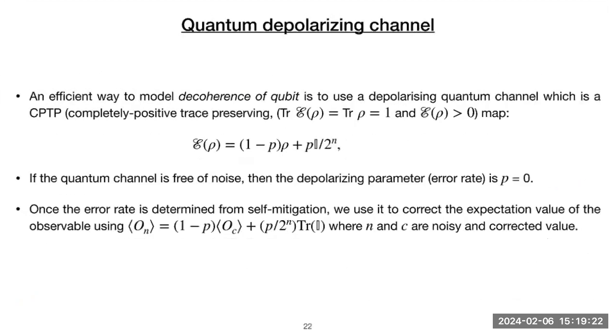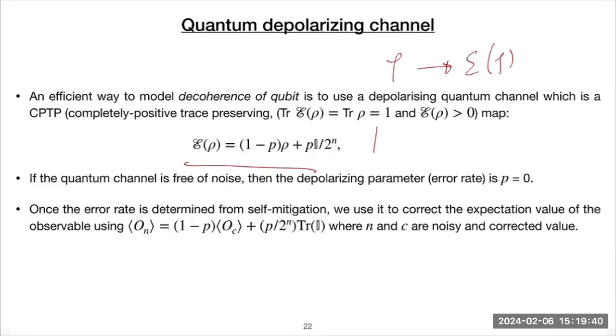And then we can use the idea of quantum depolarizing channel, which is very well known in quantum information literature. So for example, if you have some density matrix rho, which is passing through a channel which becomes E rho, then the E rho is given by this. Now, if you take P equal to 0 in this, you just get E rho is equal to rho.